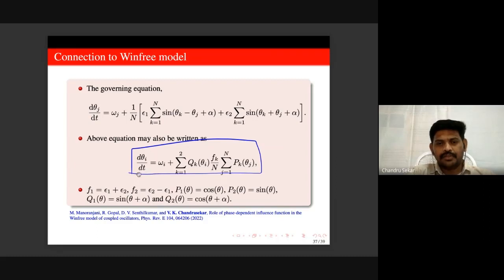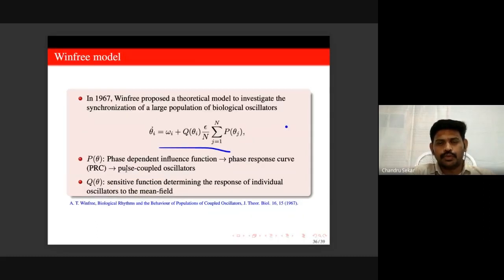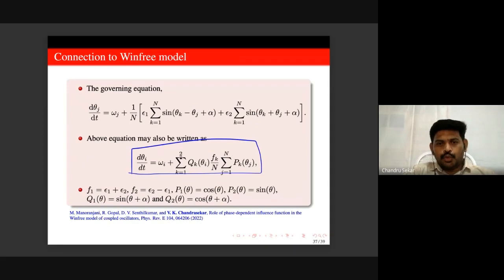You see that it looks similar to a Winfree model, but with two sensitivity functions and a phase influence function. When epsilon 2 equals 0 and alpha equals 0, our model goes to the Kuramoto model. If epsilon 2 equals 0, our model goes to the Sakaguchi-Kuramoto model.